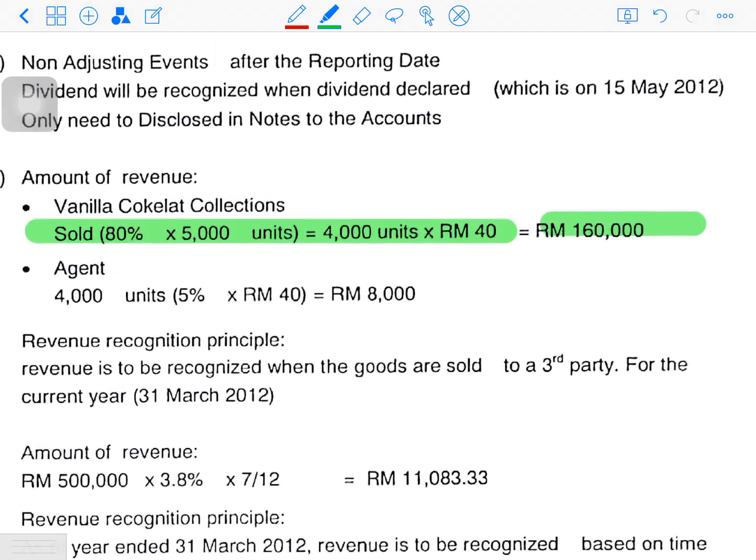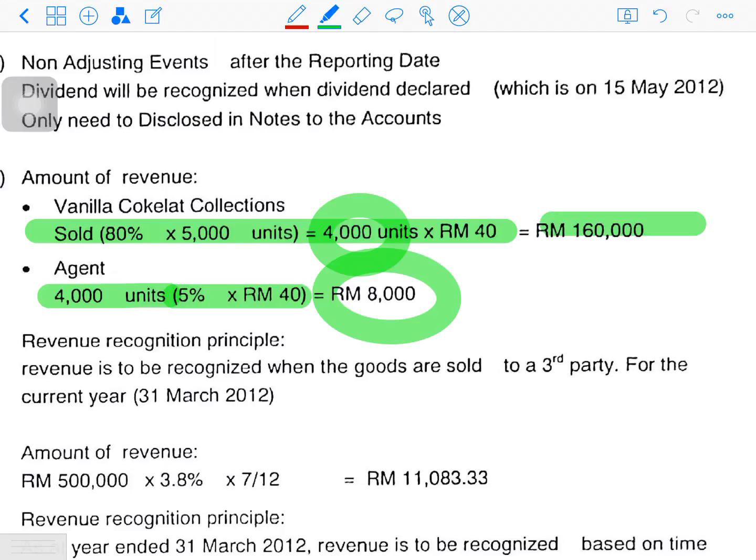Okay, vanilla chocolate. Agent tadi 4,000 units ni, yang 80% ni kan, 4,000 unit times 5%, times 40, which is 8,000.